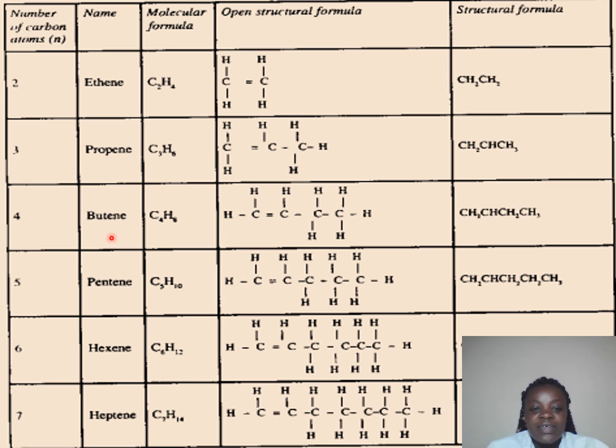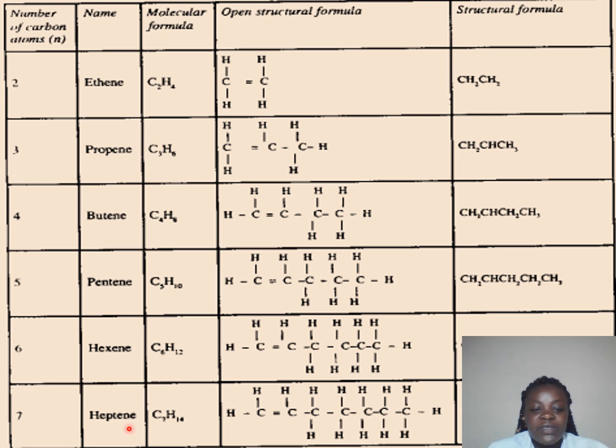Then the next member of the alkenes is butene with 4 carbon atoms and 8 hydrogen atoms. Next we have pentene with 5 carbon atoms, 10 hydrogen atoms. Then we have hexene, from hex meaning 6, so 6 carbon atoms and 12 hydrogen atoms.